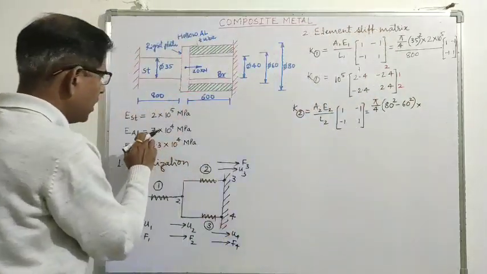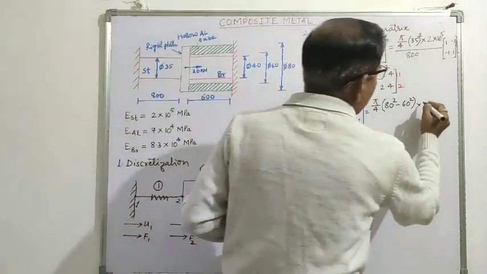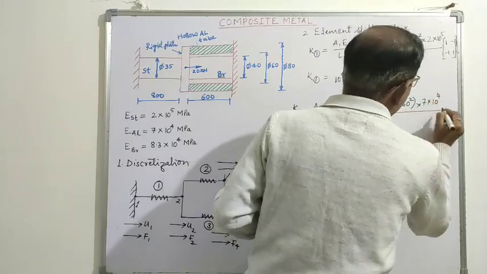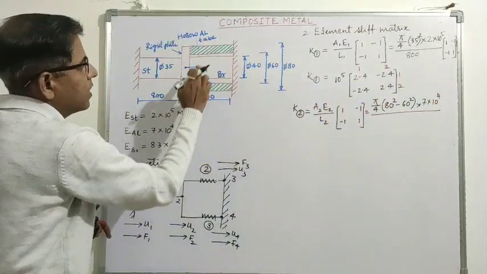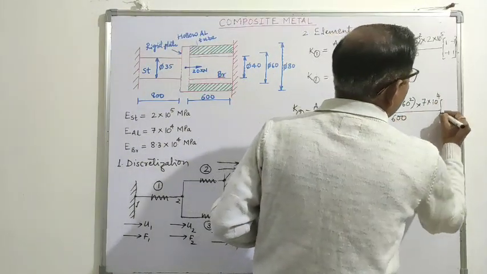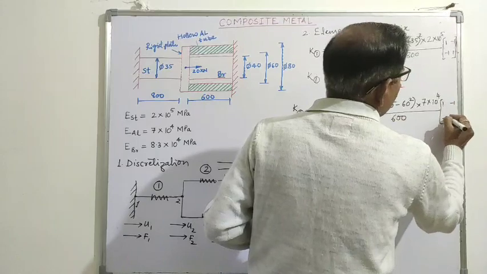E2 is given for aluminium as 7 into 10 to the power 4, divided by the length of the aluminium tube, which is 600, times the matrix 1, minus 1, minus 1, 1.